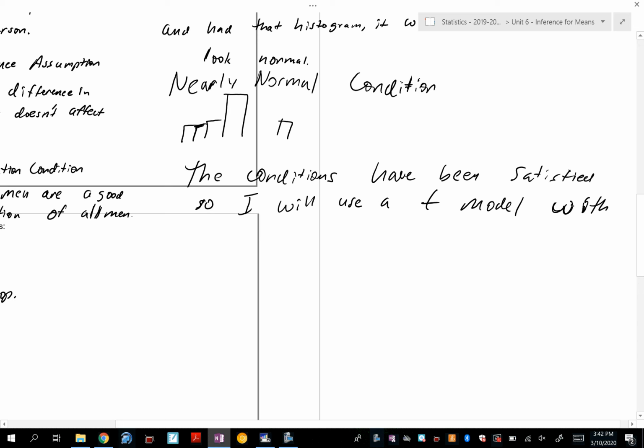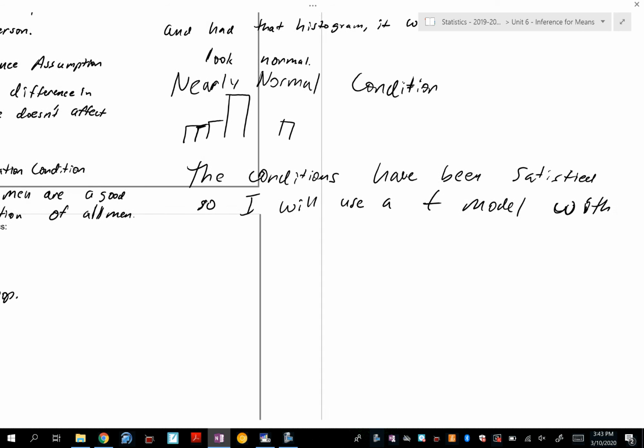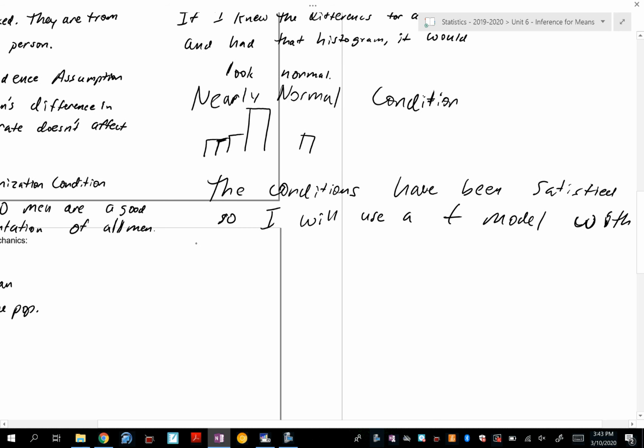With, hold on, be careful before I say that. With, whenever I say T model, degrees of freedom. With how many degrees of freedom? 9. Good. With 9 degrees of freedom to run a paired t-test.